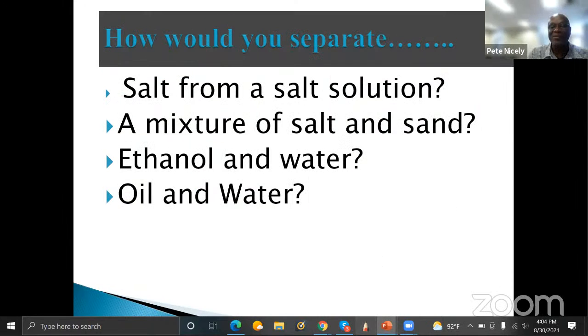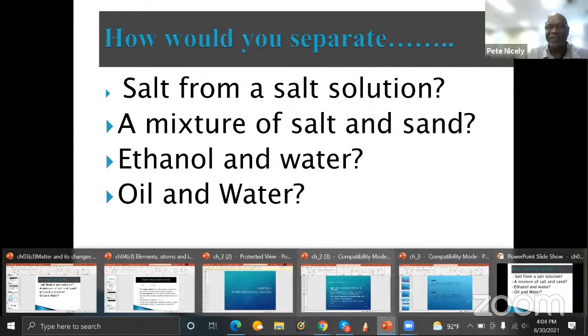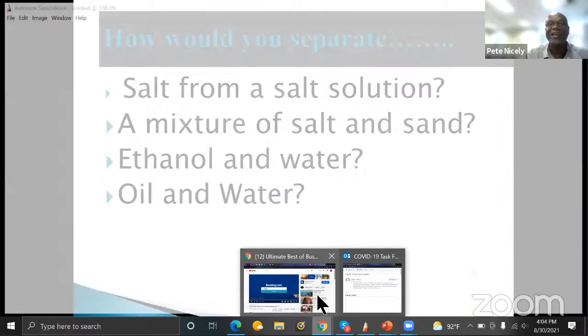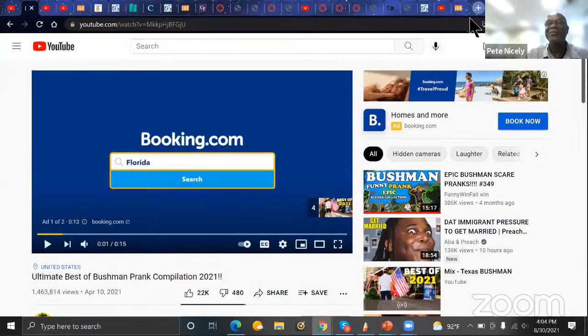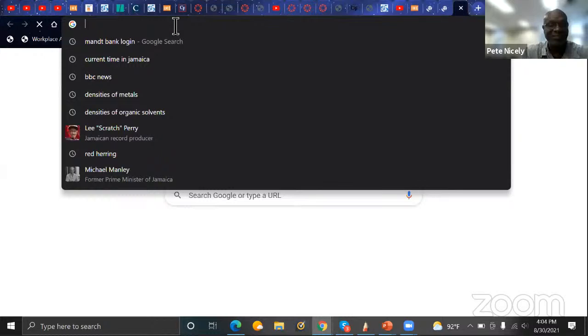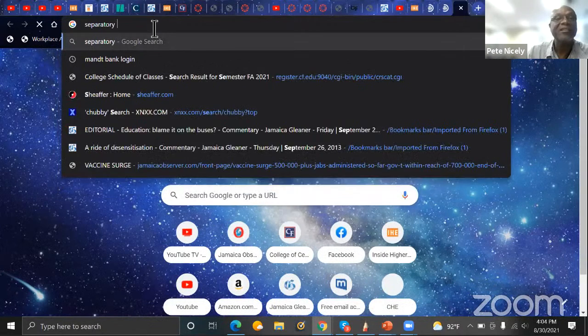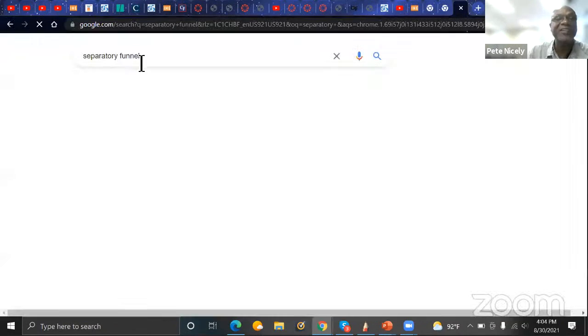Basically, in the lab, we have a piece of glassware known as a separator funnel. Let me search online and see if I can find a separator funnel so that you know what it looks like. This thing is slow today. Okay, separator funnel.